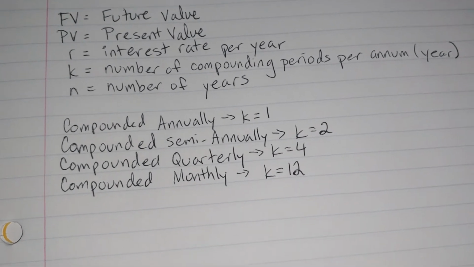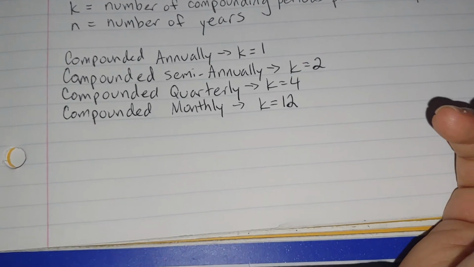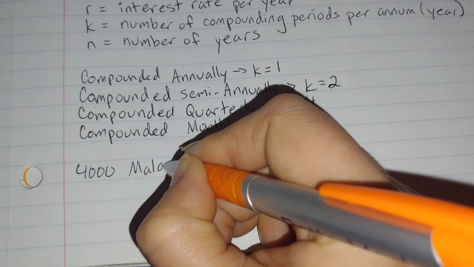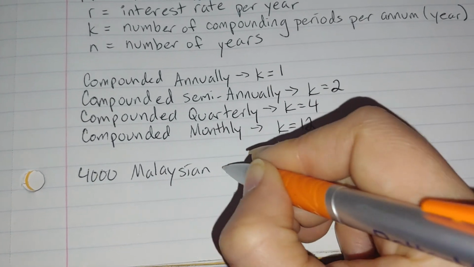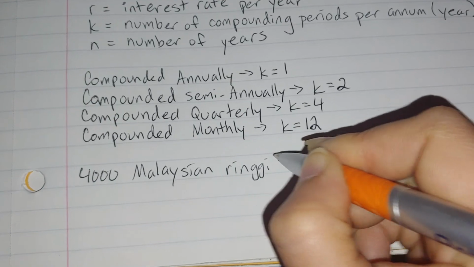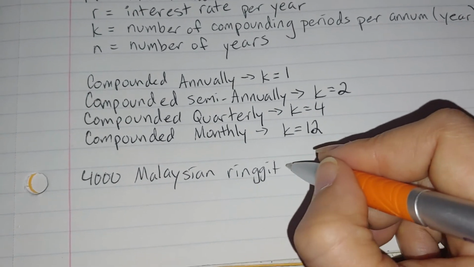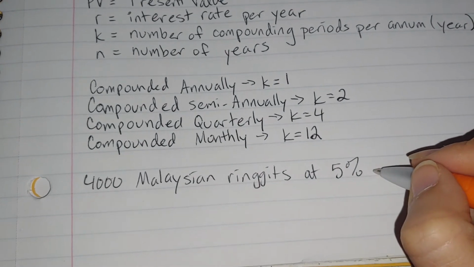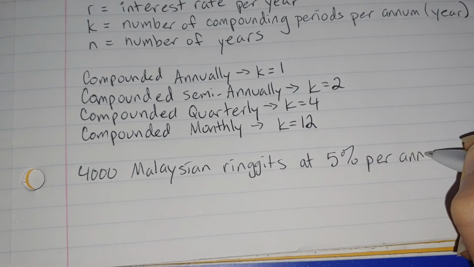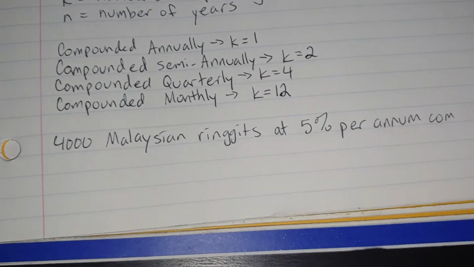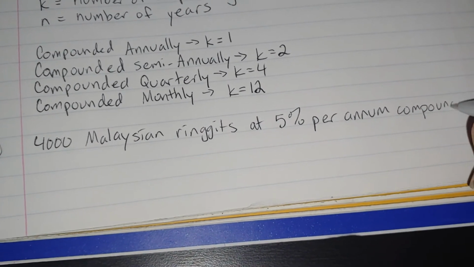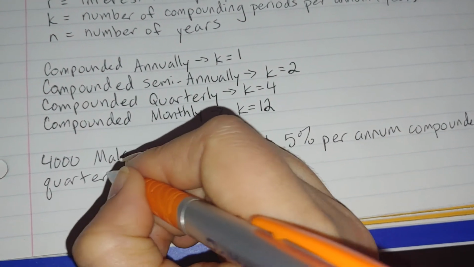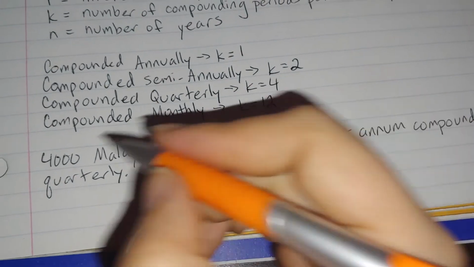Okay, let's try a problem. So if we invest 4,000 Malaysian ringgits at 5% per annum, compounded quarterly. All right.